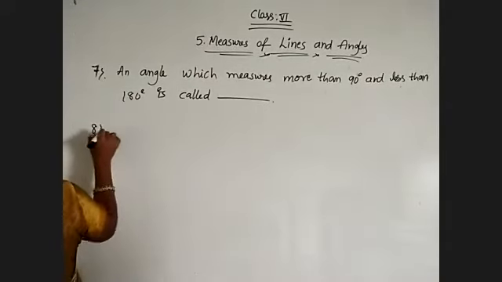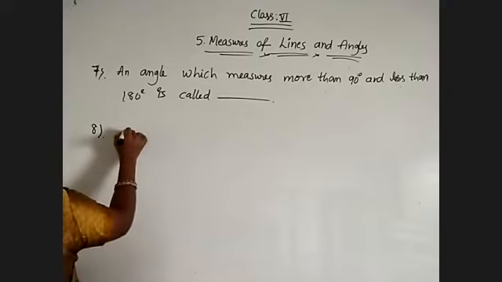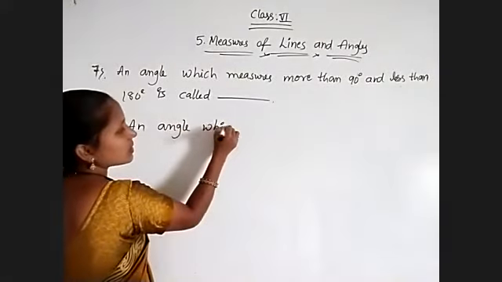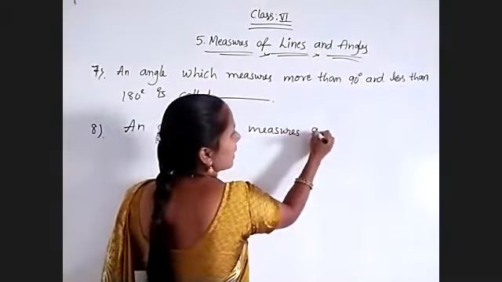And next, the eighth problem. An angle which measures 90 degrees is called a dash angle.